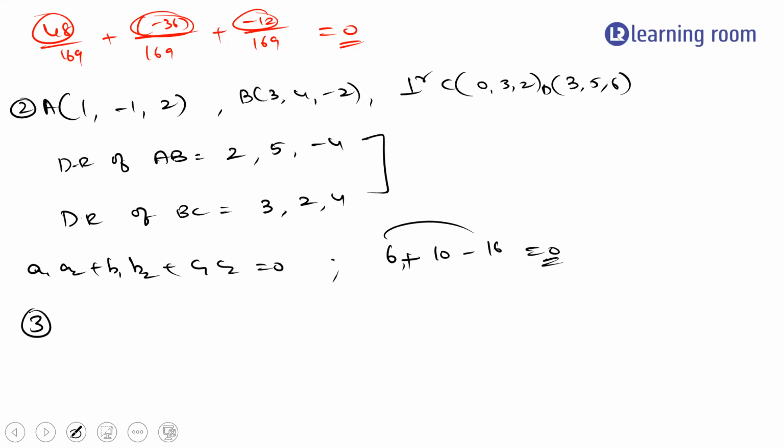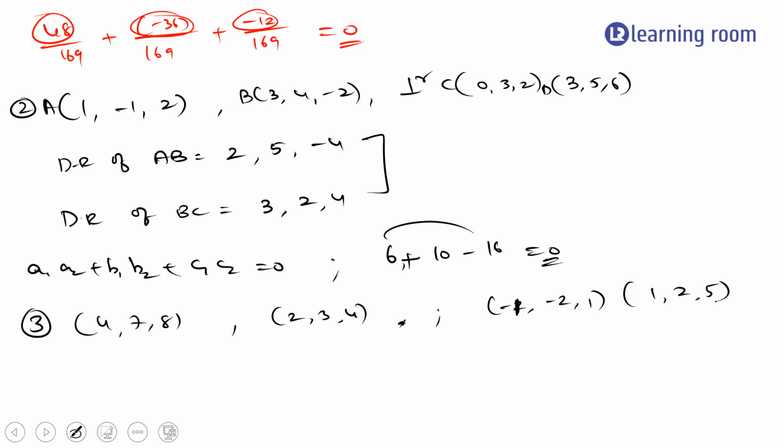Third question. Show that the line with points 1, 4, 7 and 8, 2, 3 is parallel to the line with points minus 2, minus 1, minus 2 and 1, 2, 5. Again, how do you find the direction ratio of AB?